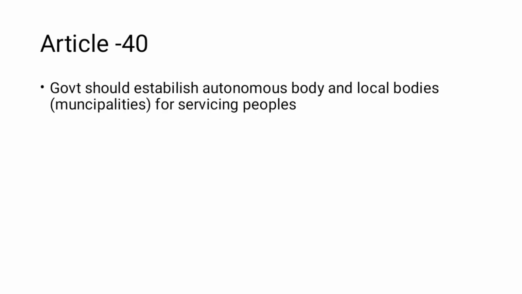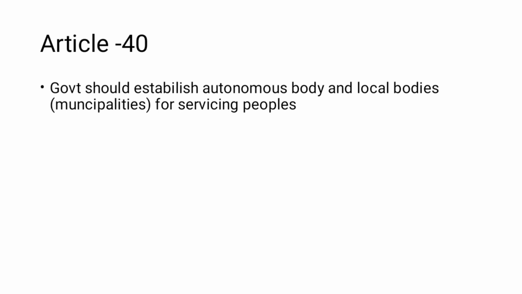Article 40. Government should establish autonomous bodies and local bodies, municipalities for servicing people. So what do you mean by autonomous? All the information is there in the particular employee or employer.